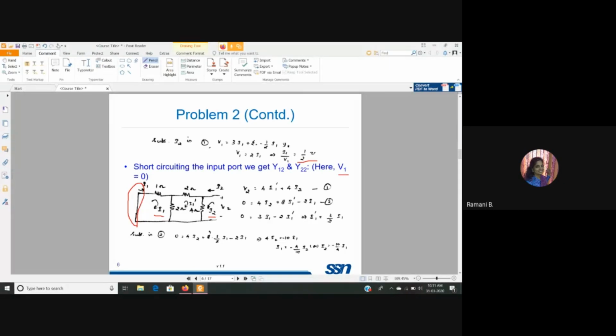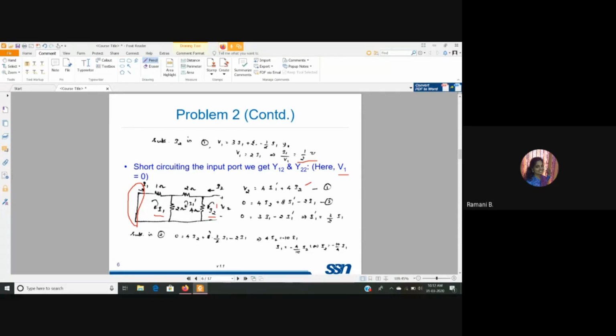Now writing the equation in this loop. First we have V2 is equal to, here I1 dash and I2 are in the same direction, so V2 is equal to 4 into (I2 plus I1 dash). So we have V2 is equal to 4 I1 dash plus 4 I2.